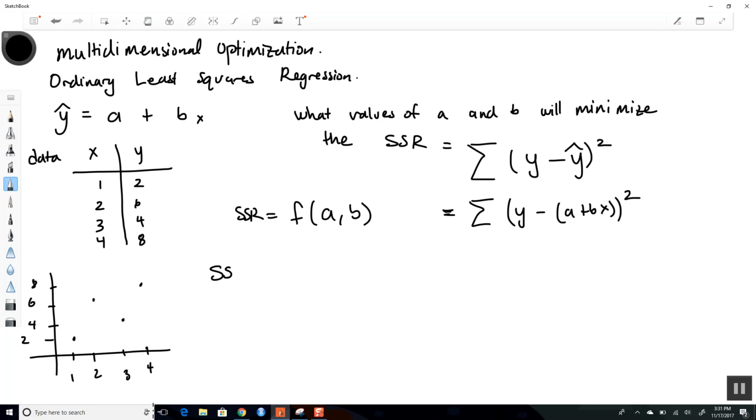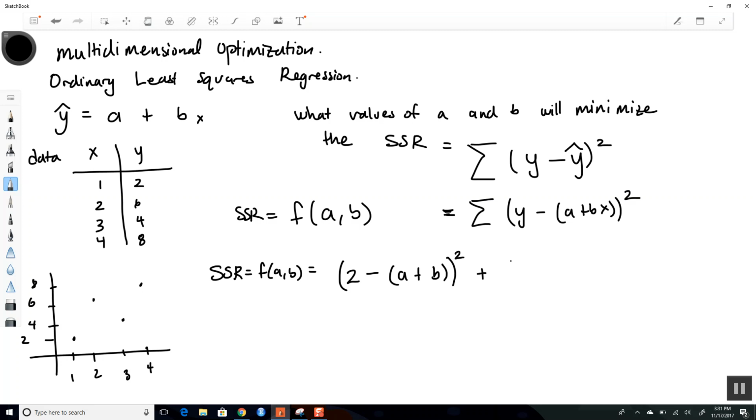So we've got sum of squares residuals as a function of a and b, and we will go through each data point. The first one, I'm sorry, y is 2 and x is 1. So our first data point, y is 2, x is 1. So I got 2 minus (a plus b) squared.